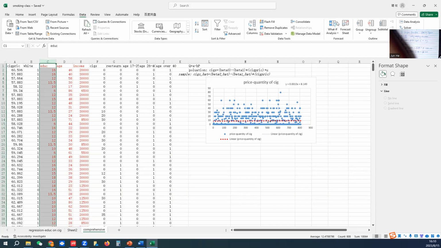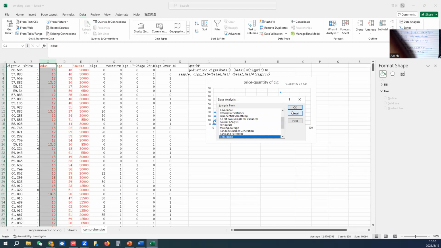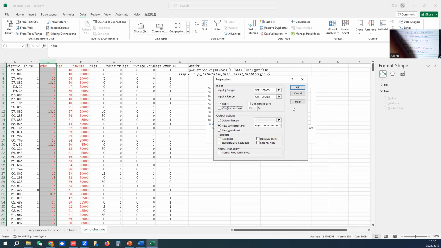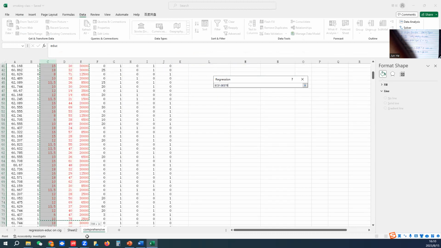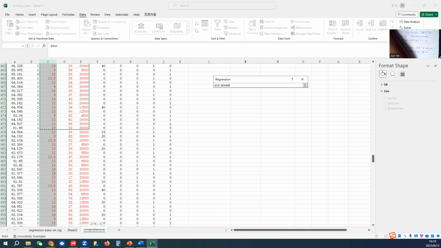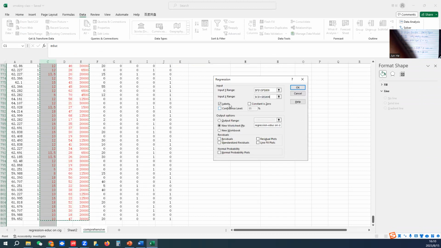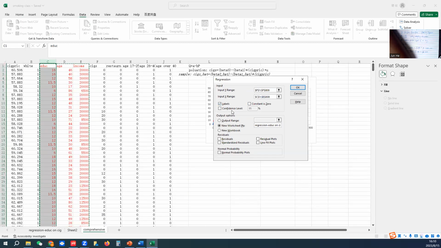Okay, then let's use data analysis regression. So your Y is still the F column, that's right. But your X now is all the 3 columns together. So let's go to 808. And we need to tell Excel that the first column is label.